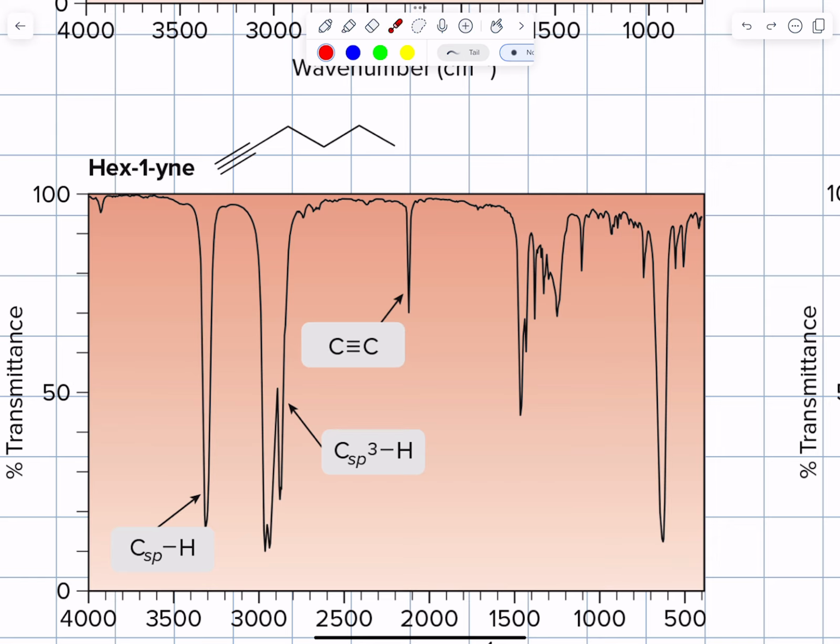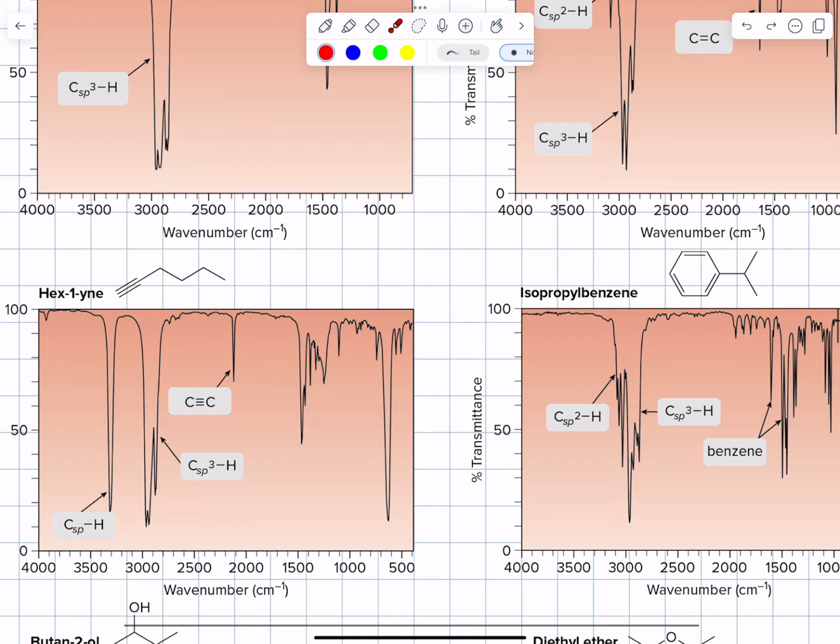And then you see this sp hybridized carbon-hydrogen bond showing up at much higher than the sp3s at around 3300. And notice this one's actually quite strong. So that is diagnostic for an alkyne that has a CH on the end of it, a terminal alkyne.